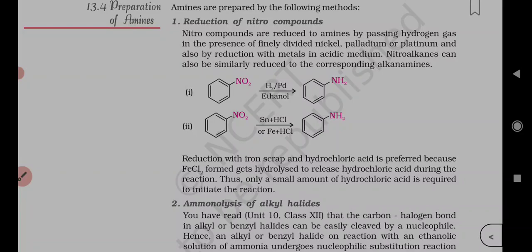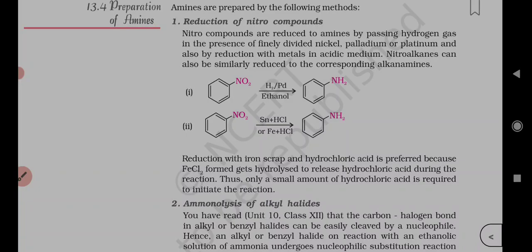Nitrobenzene, by passing hydrogen gas in the presence of finely divided palladium, nickel or platinum, you can use in the presence of ethanol, and you will get aniline or benzenamine. The second method is nitrobenzene reduced with metals in acidic medium.